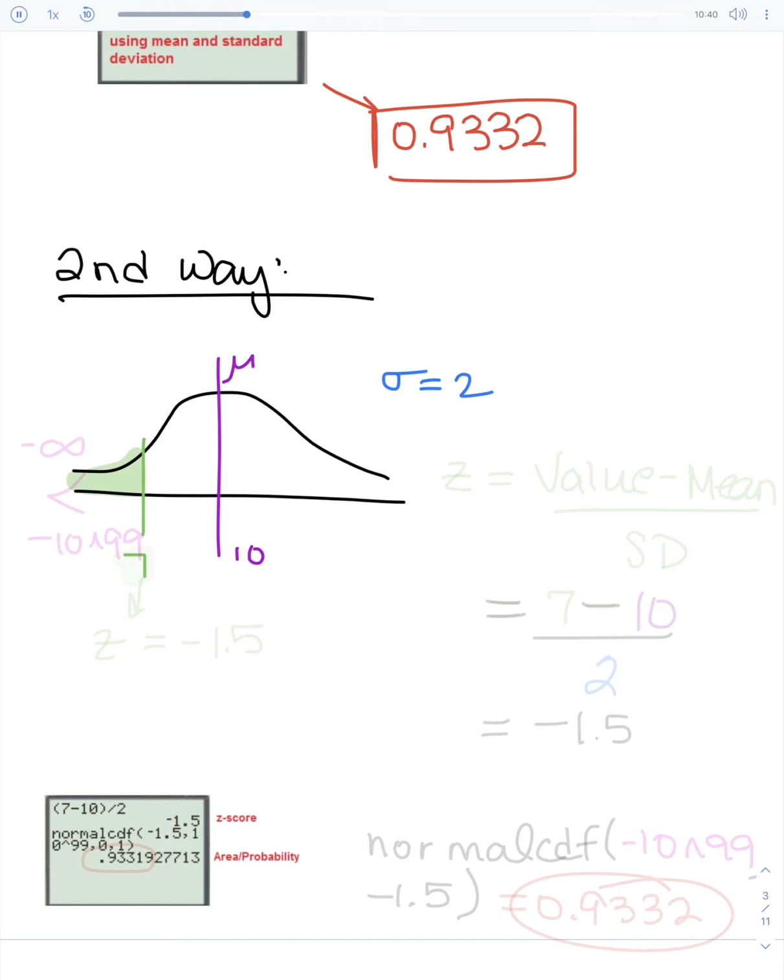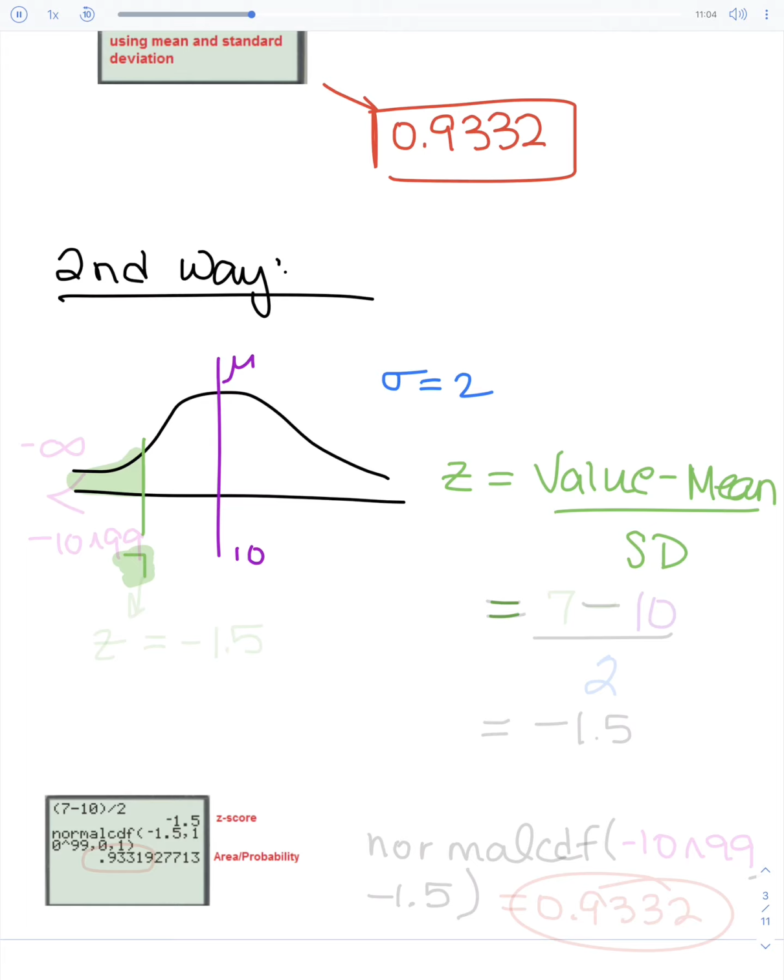And another way to do this would be to turn this 7 into a z-value first. If you were to do that, remember the formula for a z-value is to take whatever value you have, subtract the mean, and divide by the standard deviation.